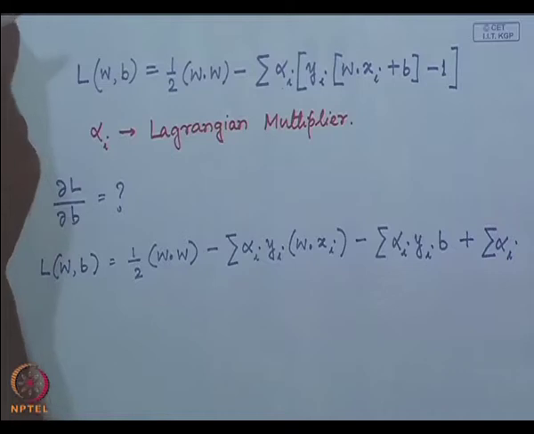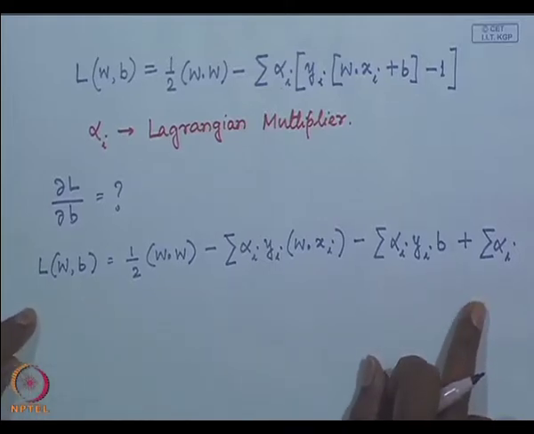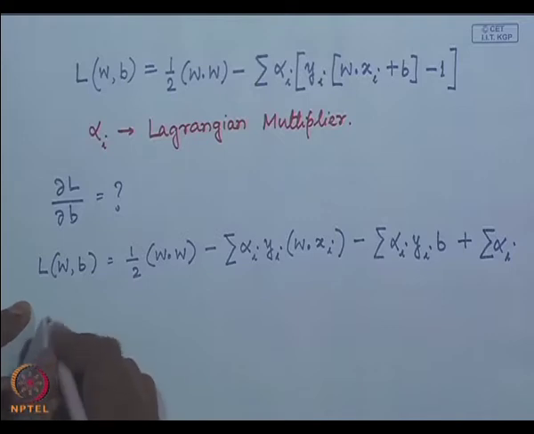So, this is the expanded form I have. Clearly, if I take the derivative of this with respect to b, I want to compute del L del b.